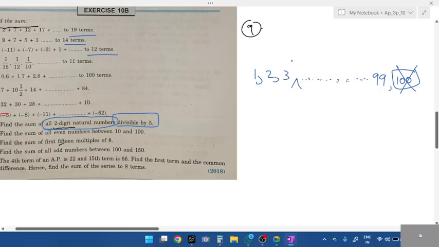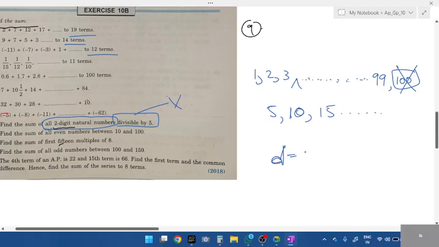In this 1 to 99, what are the numbers divisible by 5? 5, 10, 20. What is the last? We can't keep writing everything. At least through 5, 10, 15. By this divisible rule, we got to know the difference. Understood how to find the difference? What is B in this?